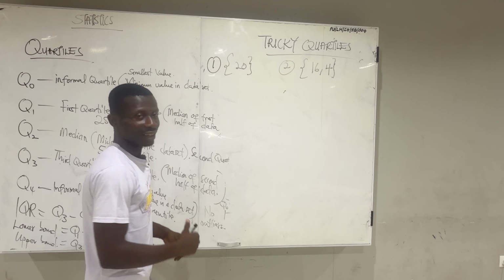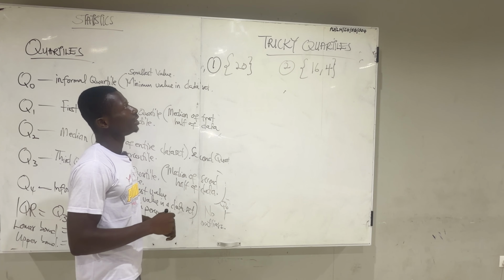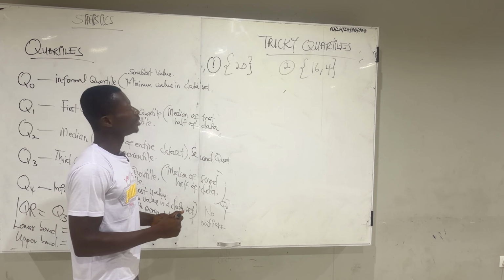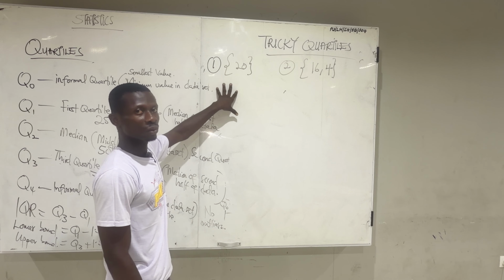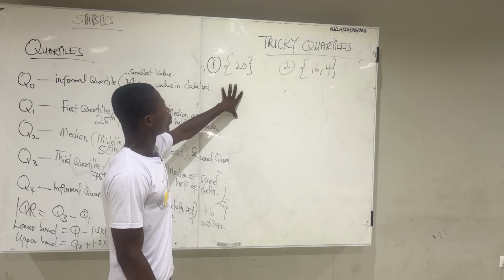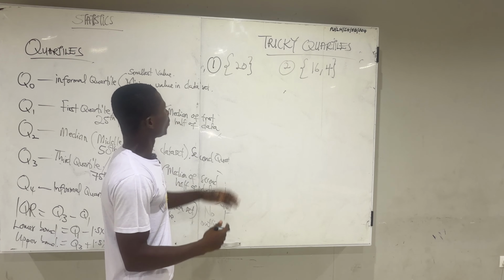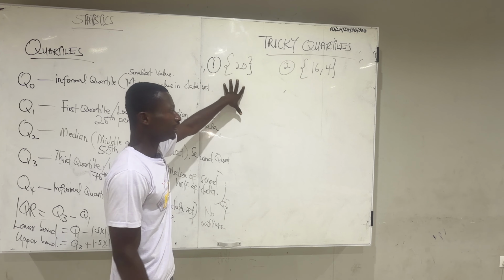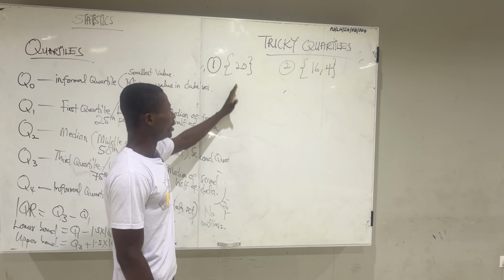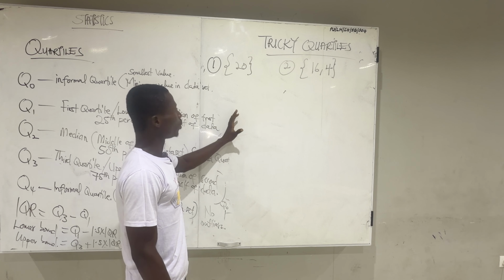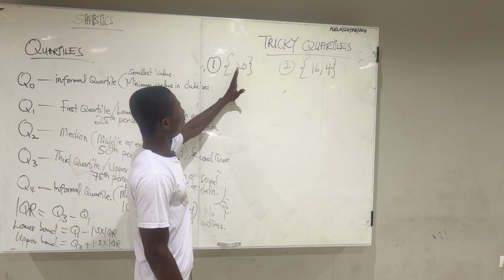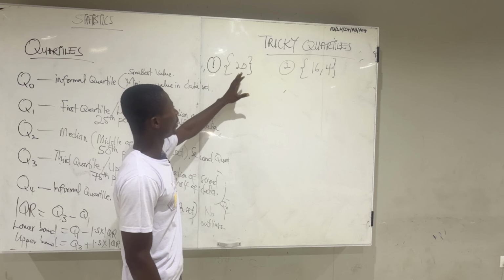Okay. My name is Joseph and I'm here to take you through tricky quartiles. So with my first example, we are having a single value, which is 20. So when you are asked to calculate for the quartiles for a single value like 20, all the quartiles will be the same except for the interquartile range. That one will be 0 because the lower value here is 20, the higher value here is 20.